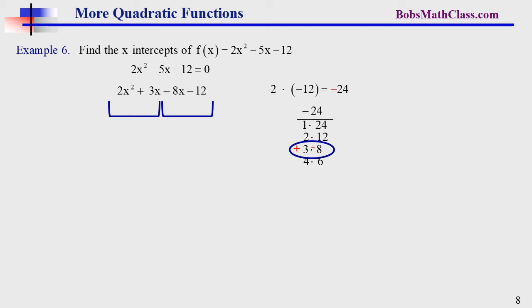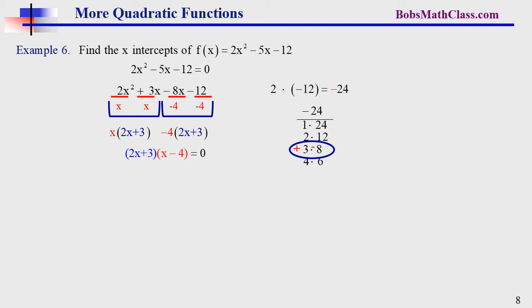Just make sure you have the correct signs, a negative 8x and a positive 3x. So factor out an x from the first pair. That gives you 2x plus 3. Negative 4 from the second pair. Again, you get 2x plus 3. Put it together: 2x plus 3 times x minus 4.